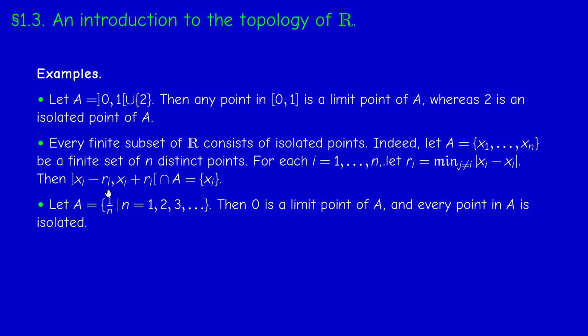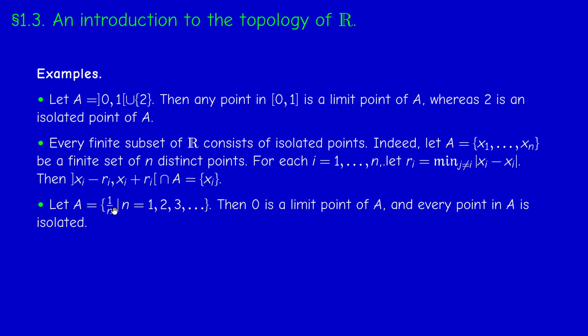Now, why are all other points isolated? It's not difficult, because between 1 over n and 1 over n plus 1 there are no elements in A. So there is a certain distance between the elements of A. It could be very small, but still positive.